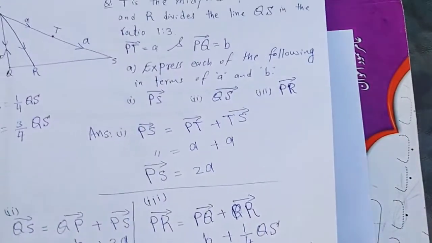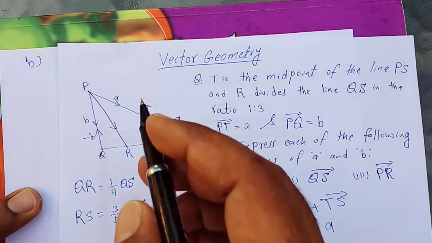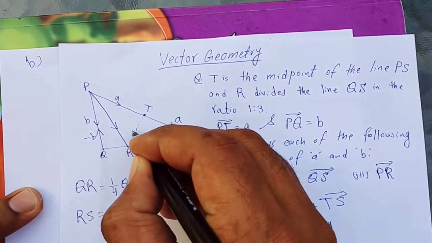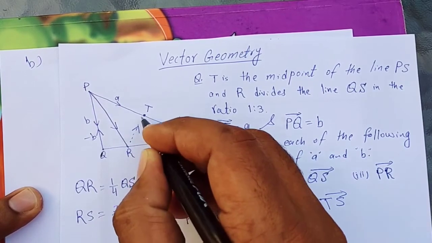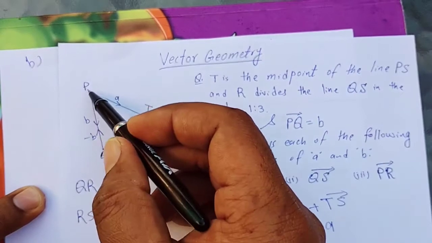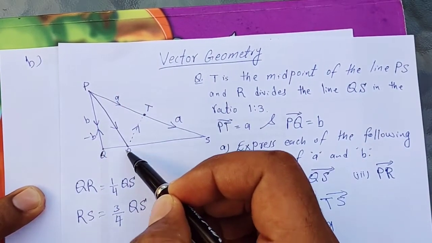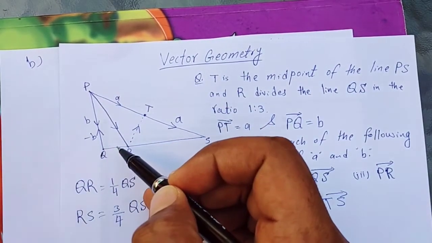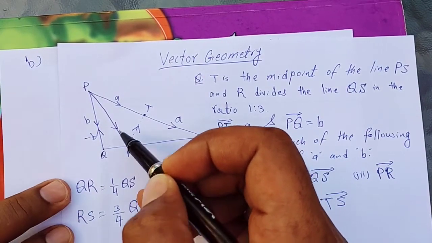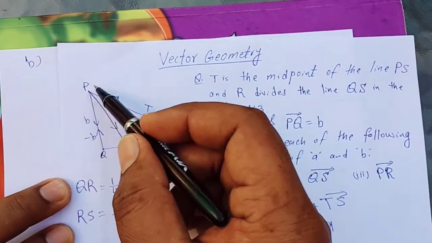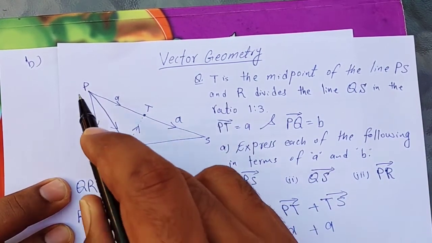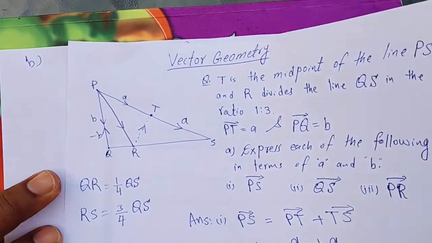So what is RT? RT is here. For RT, we know what is the PR or RP. RP will be the minus PR. So RP plus PT, RT equal RP plus PT.